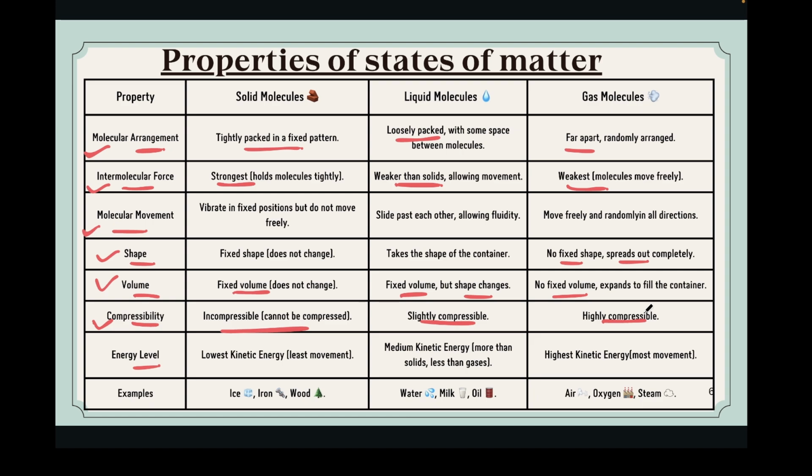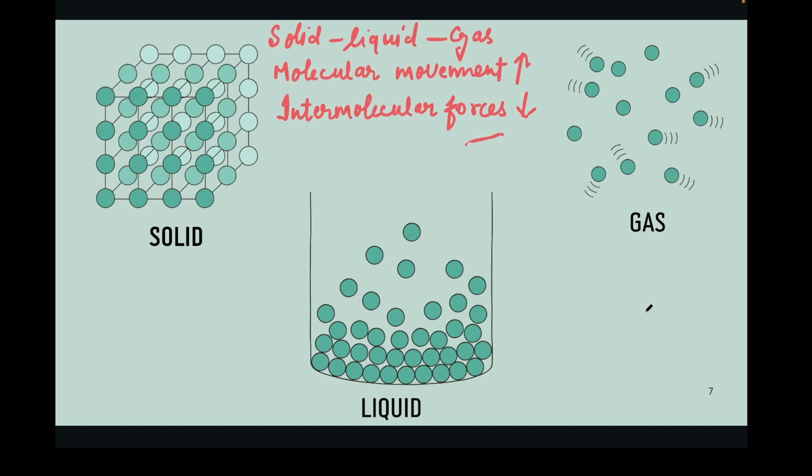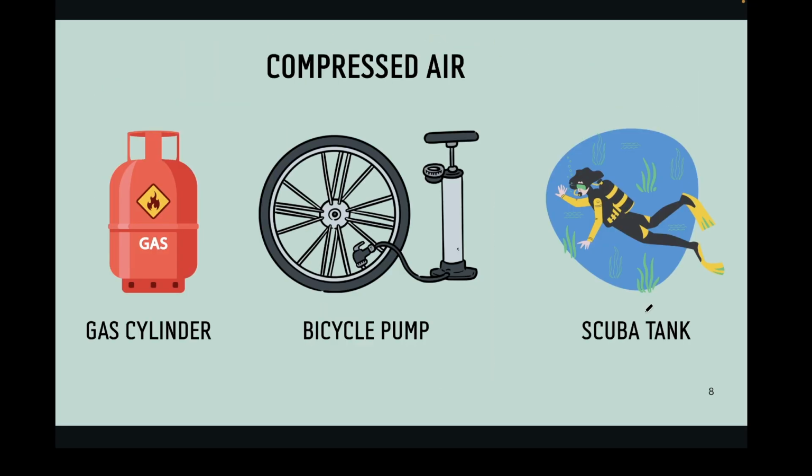Here I am showing a few examples of compressed air. When you press down a bicycle pump, you are compressing the air inside the cylinder.